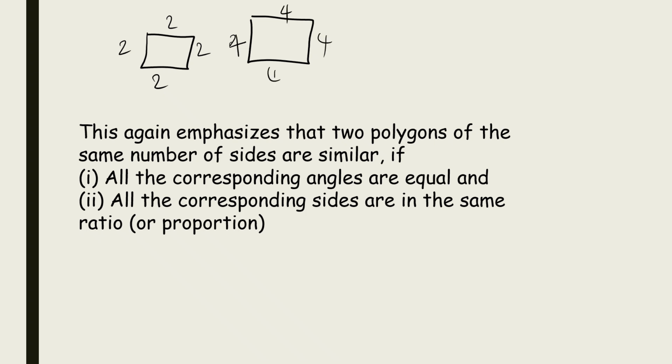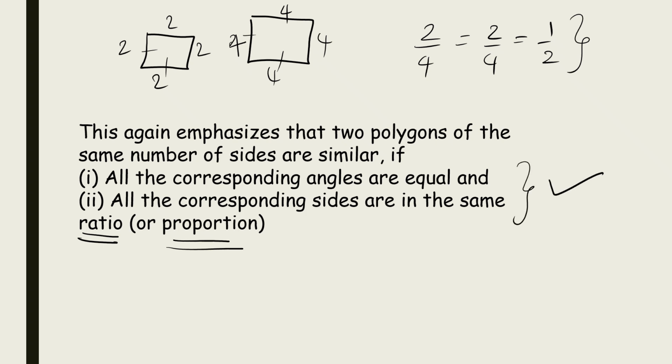When I divide the respective side lengths, I get 2 by 4 equals 2 by 4 equals 1 by 2. It means they are in the same ratio, that is, proportional to each other. If two figures follow these two rules correctly, they are considered similar.